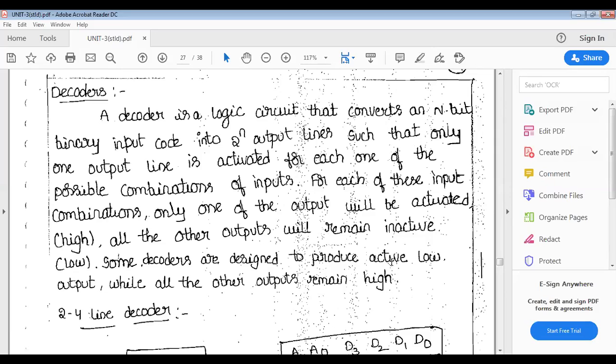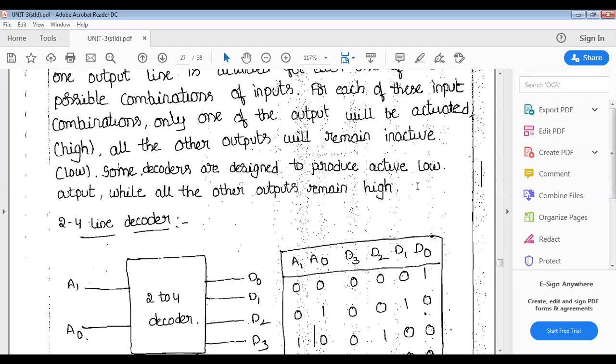That is the definition of the decoder. Okay, it is a 2 to 4 decoder.